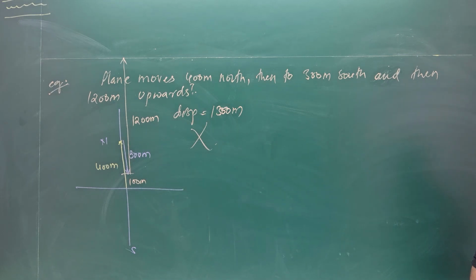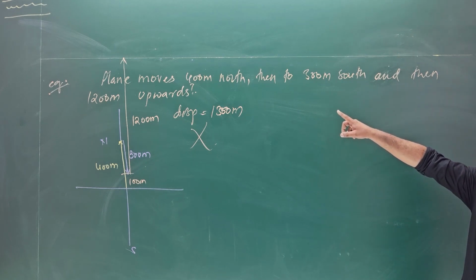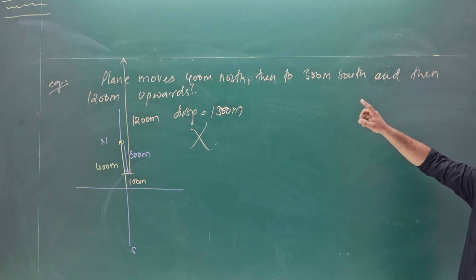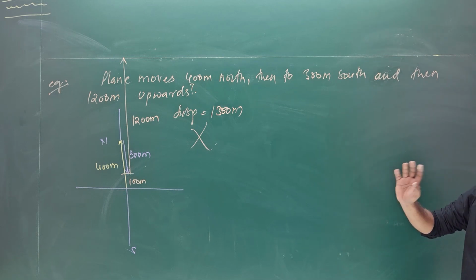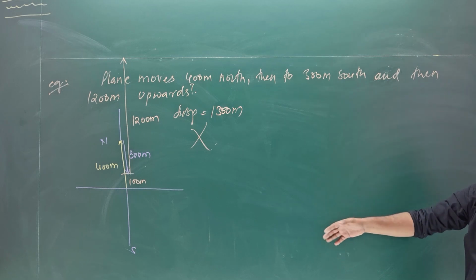Let me tell you why. This question is based on navigation. In navigation, whenever we use the term upward, initially they have used clear terminology, north, then south, then upward. North, upward, obviously, then south, downward in that direction.